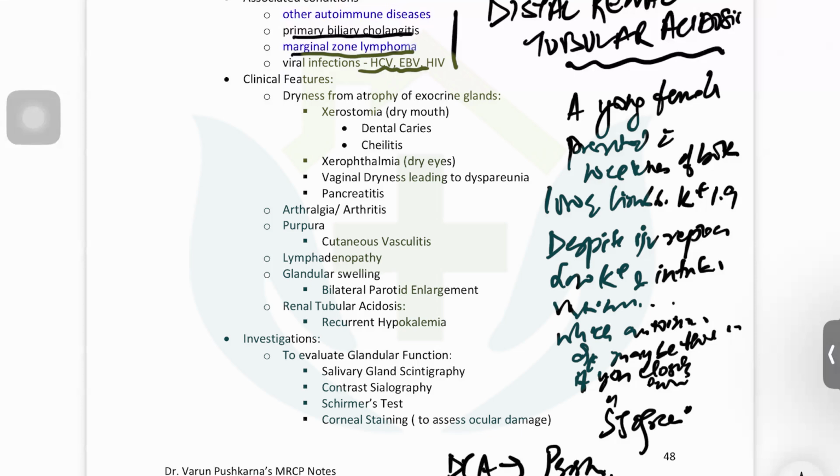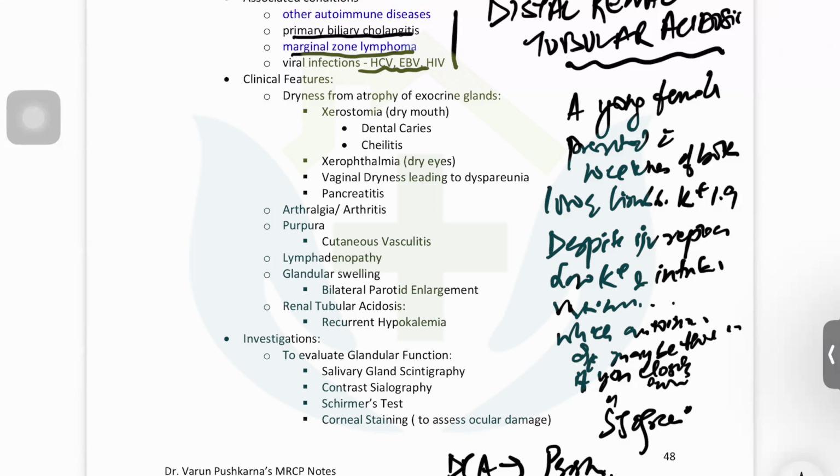Unless you treat this patient with spironolactone, this patient will not improve. And mind you, if you just put it up on the internet, in Google, the association between distal RTA and Sjogren syndrome, you will find that most of the people in the world who have distal RTA also have Sjogren syndrome along with it.